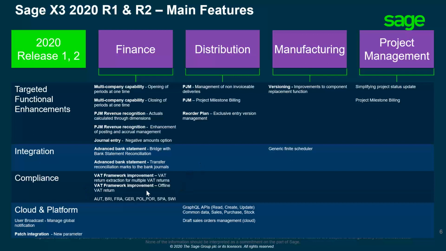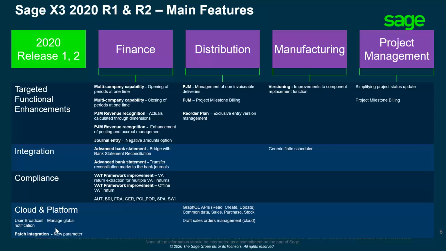For the compliance part, even though it's not relevant yet in our region, I would like to share with you that we continue to deliver new capabilities on our new VAT framework improvement for the other regions.